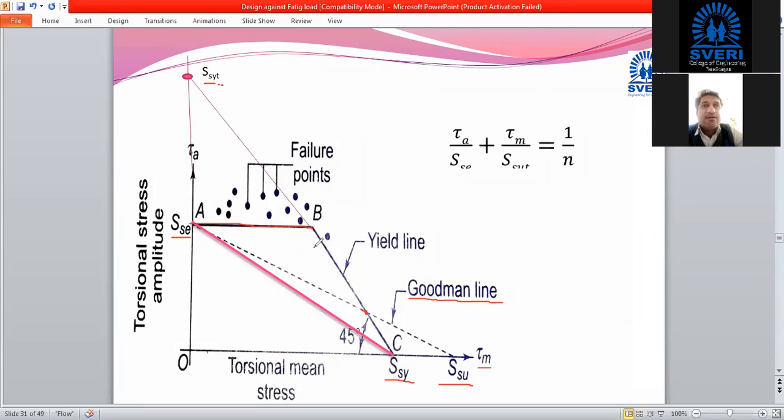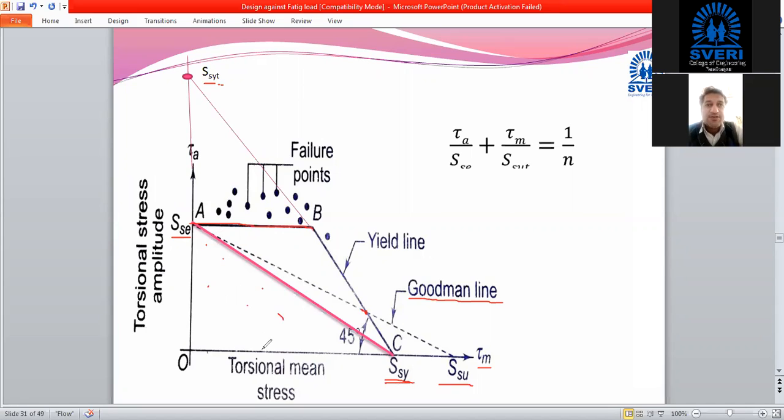And this Soderberg diagram, which you can see here: with this Soderberg diagram, he directly joined this shear endurance limit with the shear yield stress. And he told that all points inside the triangle which has been formed in this region are safe as far as completely reversed stresses are concerned, that is, under the application of fluctuating stress.